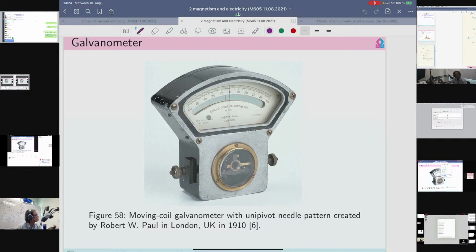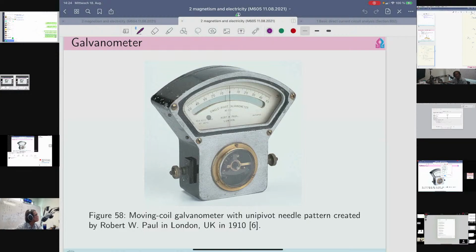Moving coil galvanometer with unit pivots, which means there is only one rotating point, and a needle. It was created by this person, in a museum in the United Kingdom.